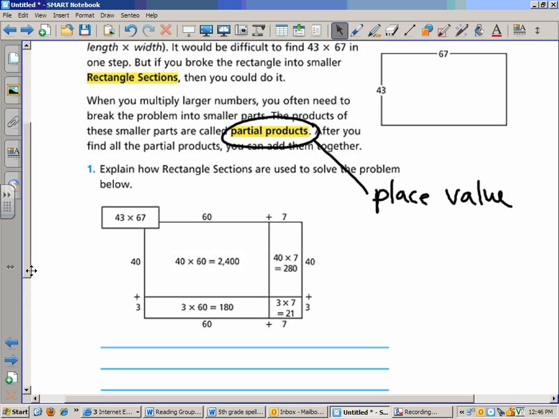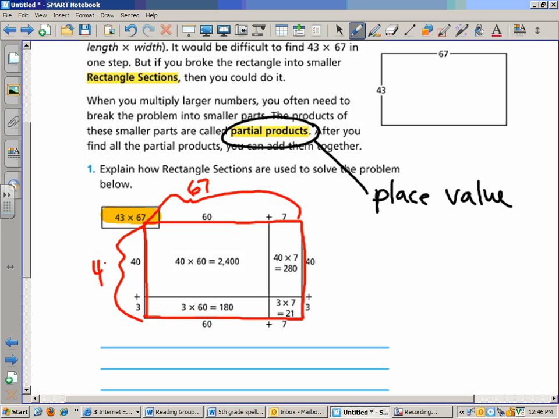So we have the problem 43 times 67, and we're going to put that into an area model. So we make a rectangle and say this is 43 centimeters times 67 centimeters. Remember, in an area model, we want to know how many squares are inside. So here is our big rectangle. So up here we have 67 by 43.